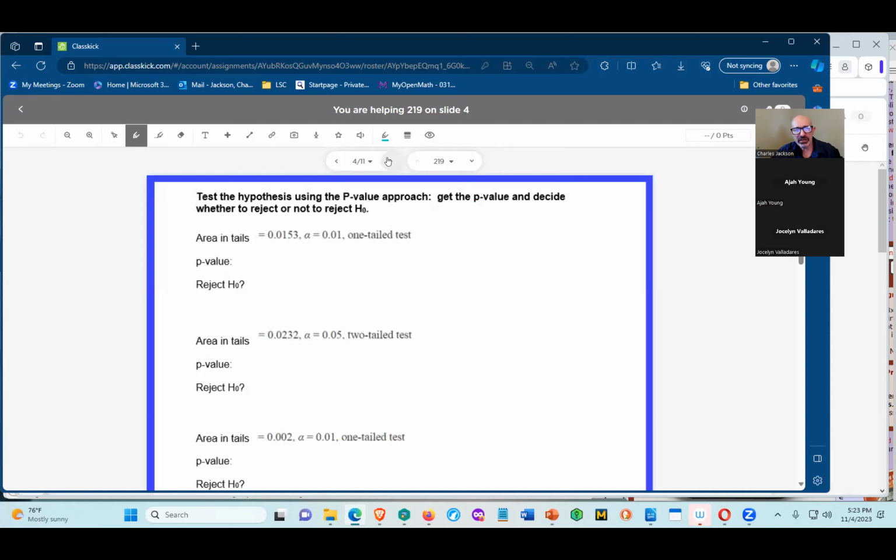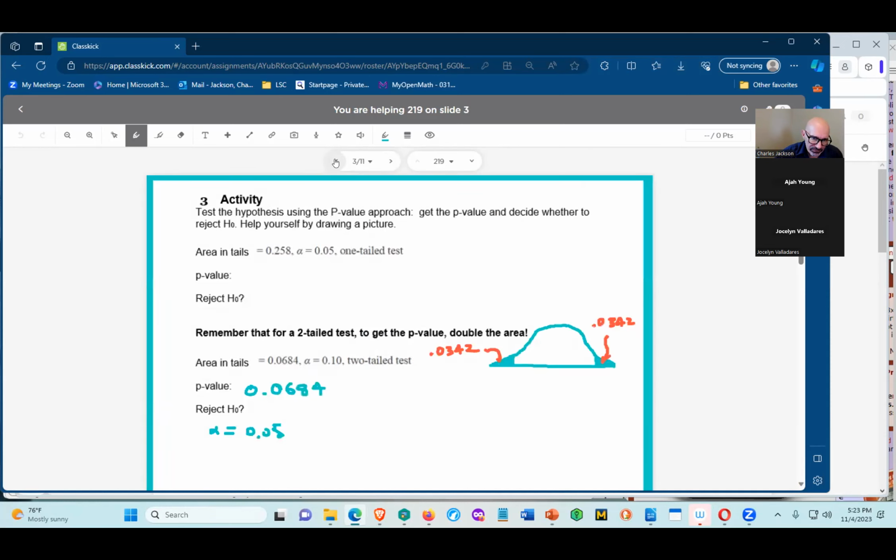Because if you have a p-value, which is related to the area, we're just assuming, oh, here we're not assuming, we're being given an alpha. That wasn't there before, was it? Oh, it was there. Alpha is 0.10. I just didn't see it. But if we're not given alpha, we're assuming it's 0.05.